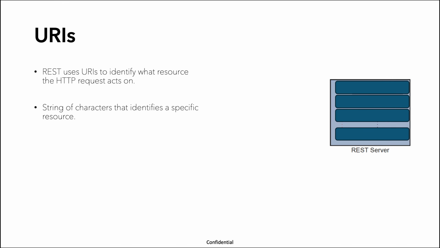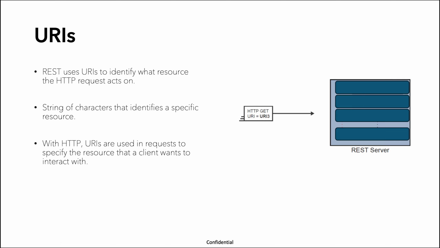A URI, also known as Uniform Resource Identifier, is a string of characters that identifies a specific resource. So with HTTP, URIs are used in requests to specify the resource that a client wants to interact with, and in responses to indicate the location of the requested resource.